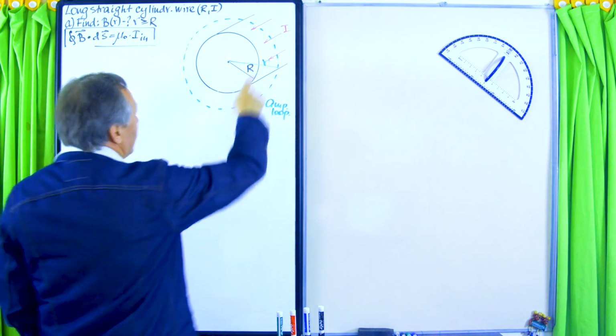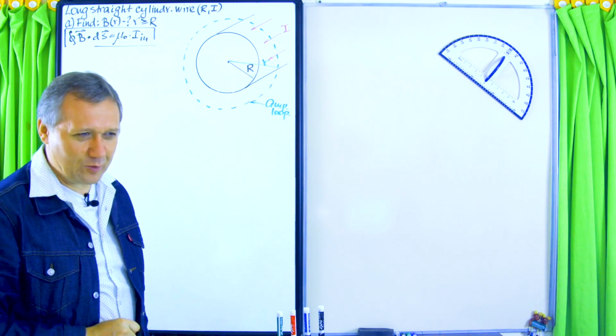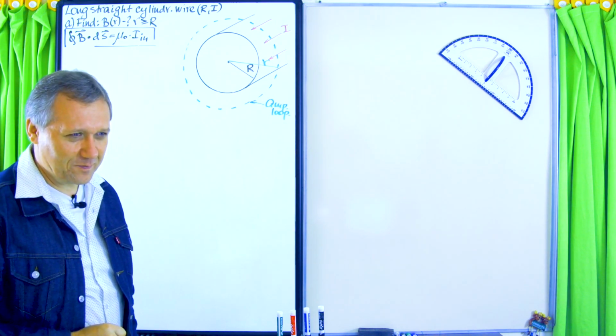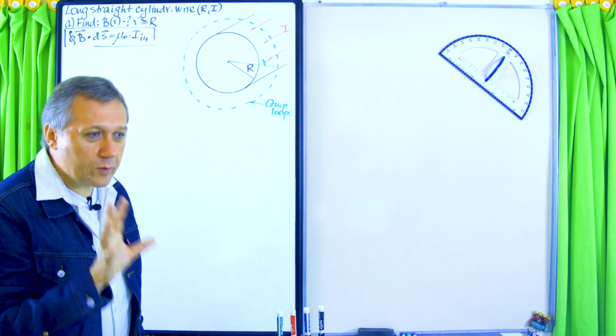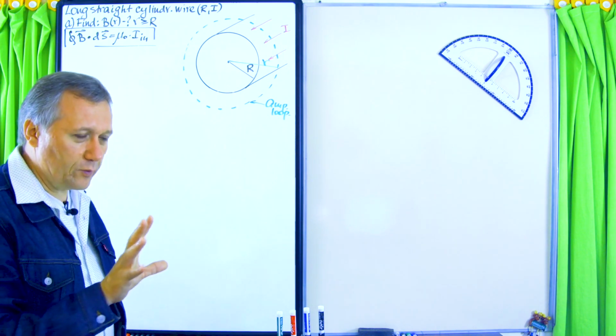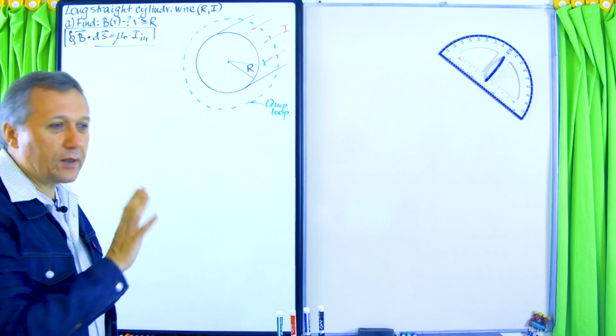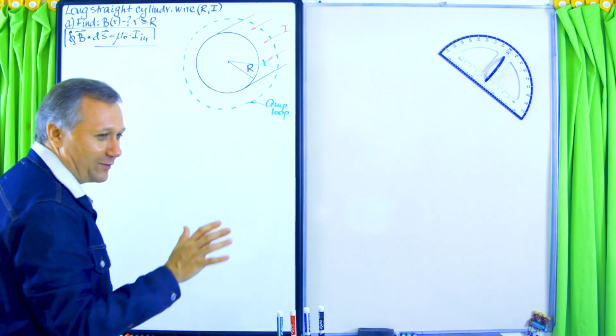So it would make our current negative. I don't want to do that. At the end you're going to end up with the same answer, which I will explain in a few seconds. But anyway, don't use negative currents.